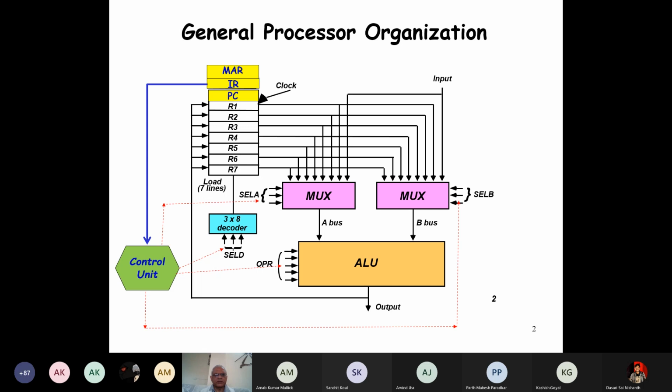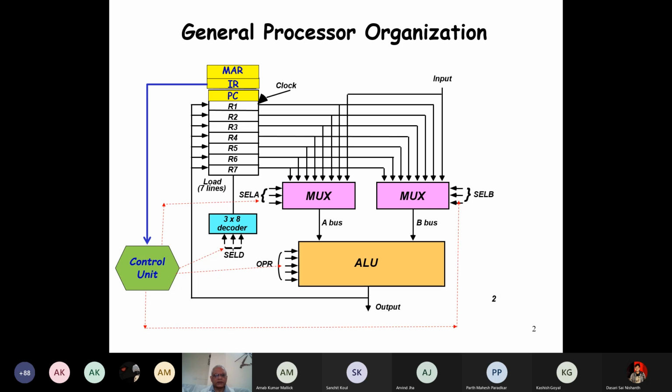And when the instruction is fetched, it is stored in the instruction register. And see here, the instruction register is input to the control unit.